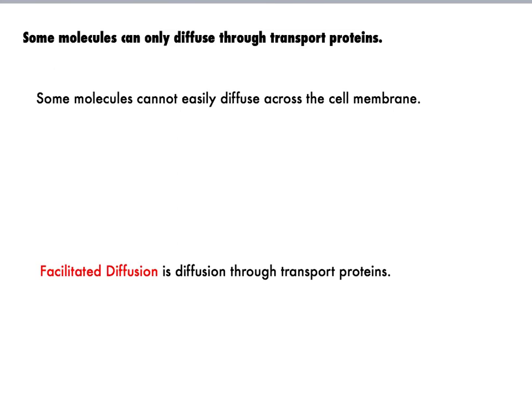Now, not everything can get through that cell membrane perfectly. A lot of things, especially if they're charged particles or they're polar or just simply very, very large, have to come through channels. And if we remember our cell membrane, we've got those jellyfish-like structures.